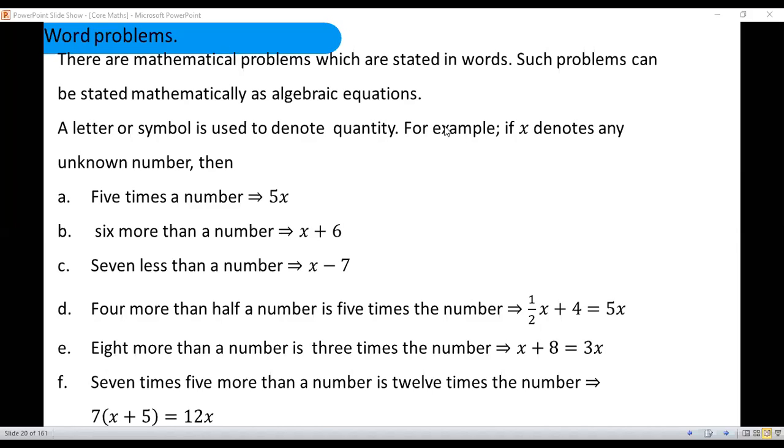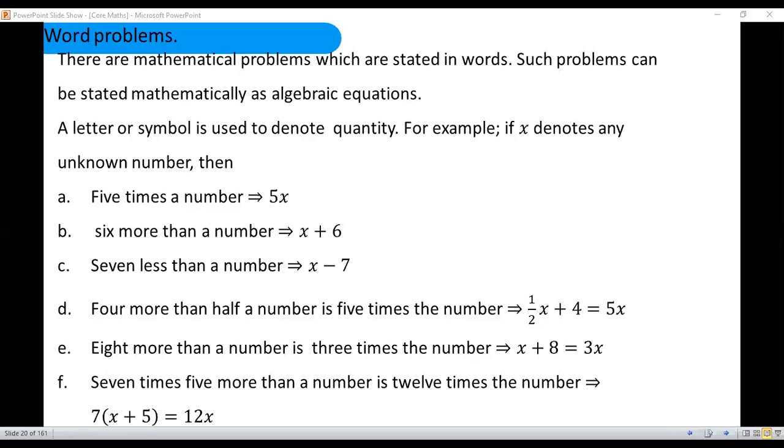In another scenario, when we have 6 more than a number, 6 more than a number implies the number plus 6. We are adding the number to 6. That is 6 more than a number.